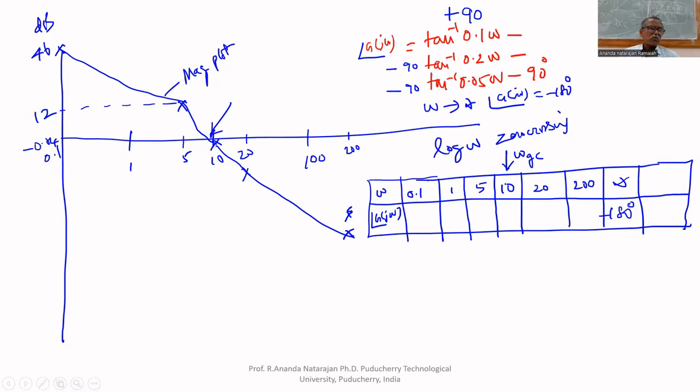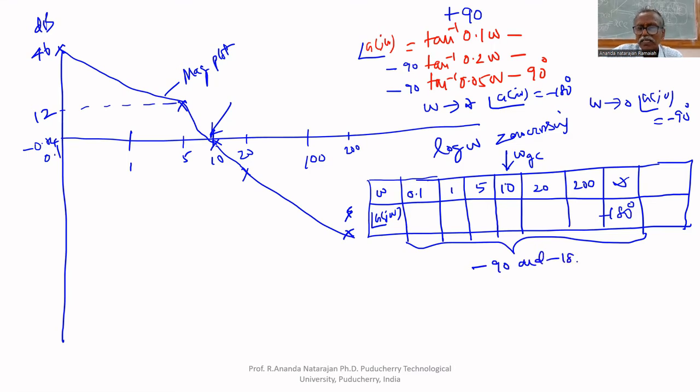If omega equal to 0, what you will get? Angle: tan inverse of 0 is 0. When omega tends to 0, angle of G of j omega equal to minus 90 degree. That's why it will start at minus 90, end at minus 180. So all these values must be between minus 90 and minus 180.